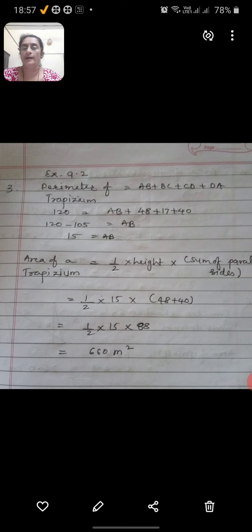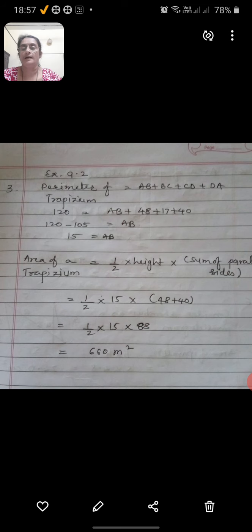So how you are going to find out? From the perimeter, if you subtract all 3 sides, we will get the fourth side. So from 120, if you subtract all these 3 sides, we will get 15 is the side of that fourth side which is missing, and that is the height of that trapezium.